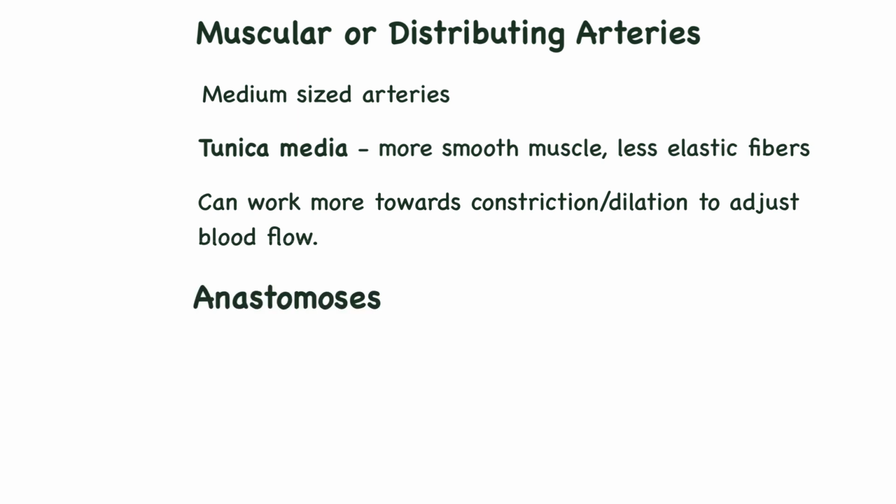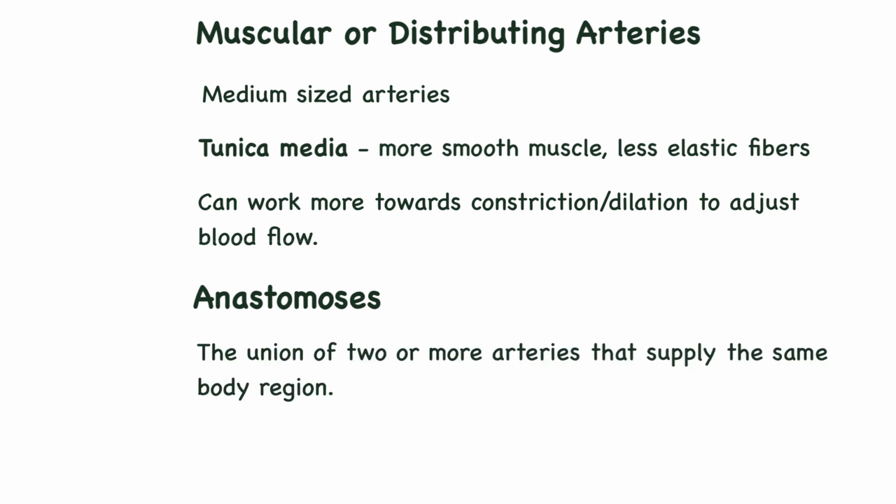Anastomoses is the union of two or more arteries that are going to supply the same body region. So it's very unique in blood circulation that we don't just have one artery that eventually converges into an arteriole, and then into capillaries, but we have anastomoses in several areas where many arteries come to the same region, and this is going to allow for an alternate route if necessary.